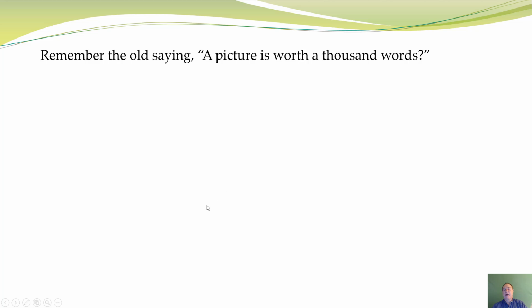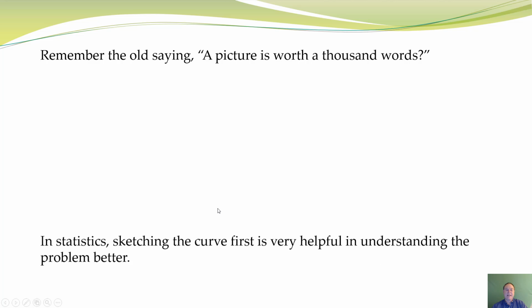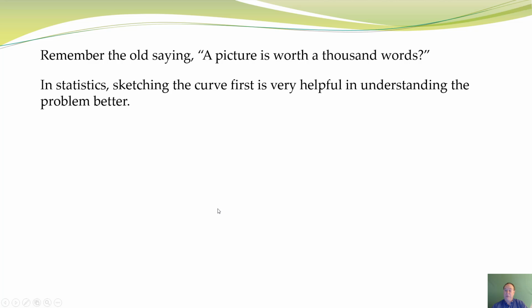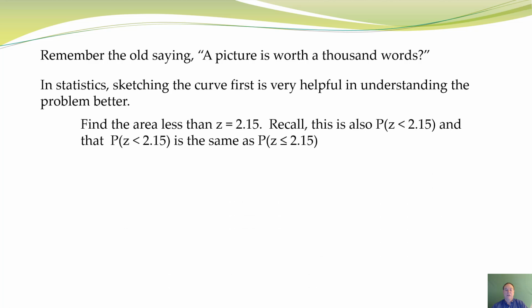All right, next, remember the old saying, a picture is worth 1,000 words. Well, in statistics, that is very helpful. Find the area less than z equals 2.15. Recall this is also probability z less than 2.15, and the probability z less than 2.15 is the same as probability z is less than or equal to 2.15.